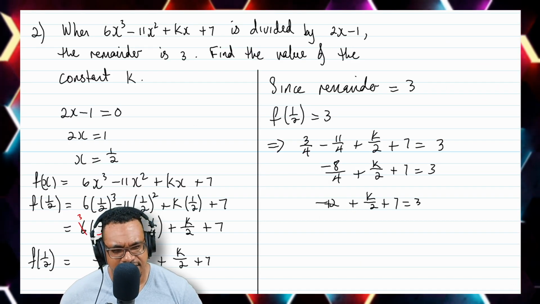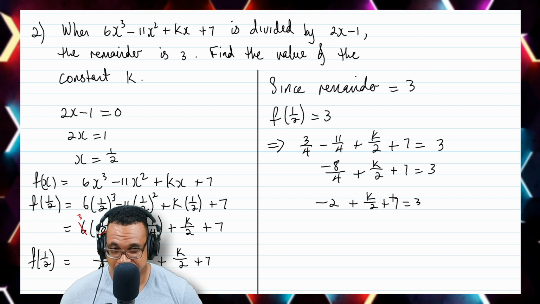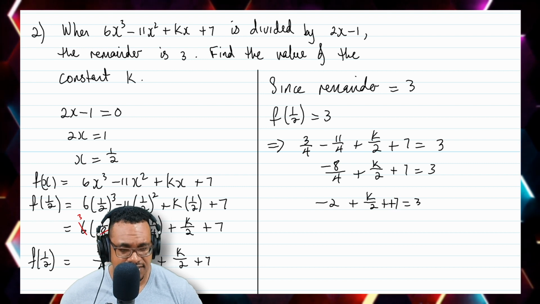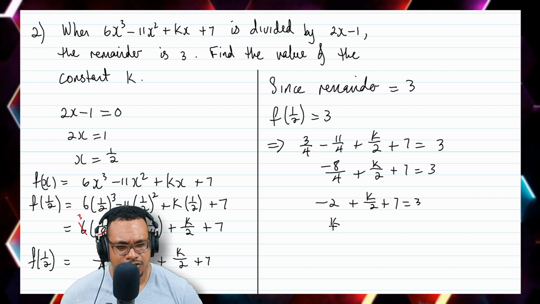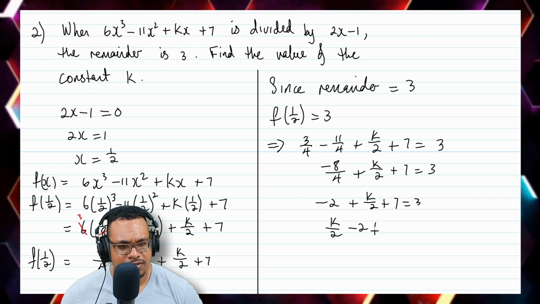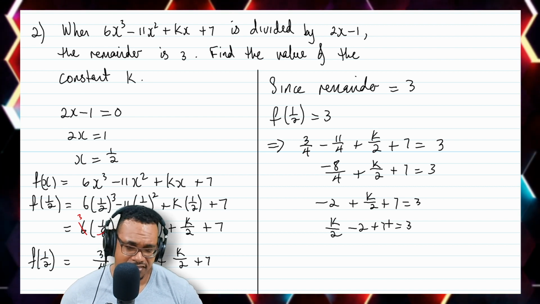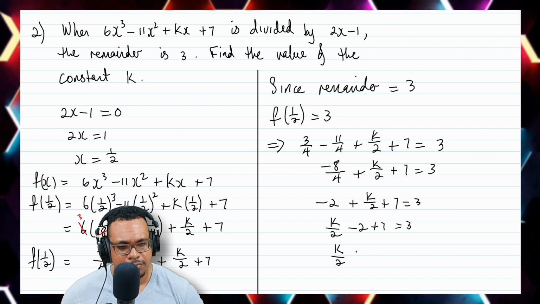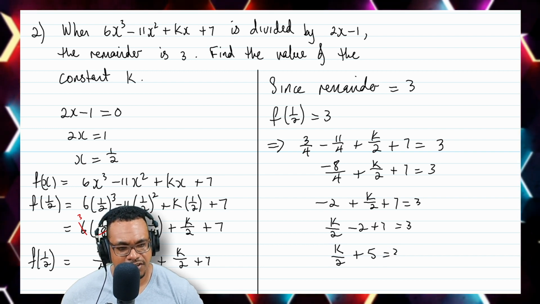Then we could say negative 2 plus 7, which is positive 5. Or if you want, you could bring the negative 2 and the positive 7 together and then simplify it. So we have k over 2, take away 2 plus 7 is equal to 3. So again, negative 2 plus 7 is positive 5. So we have k over 2 plus 5 is equal to 3.